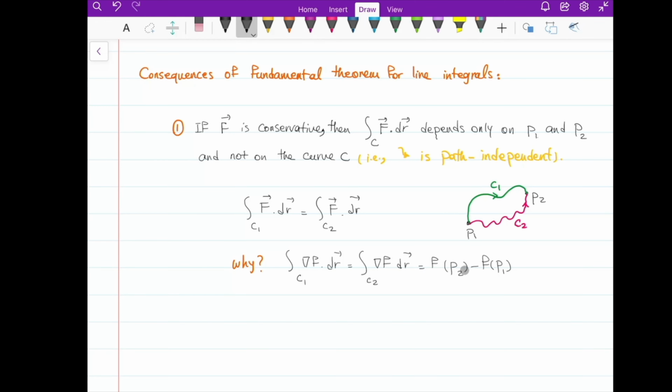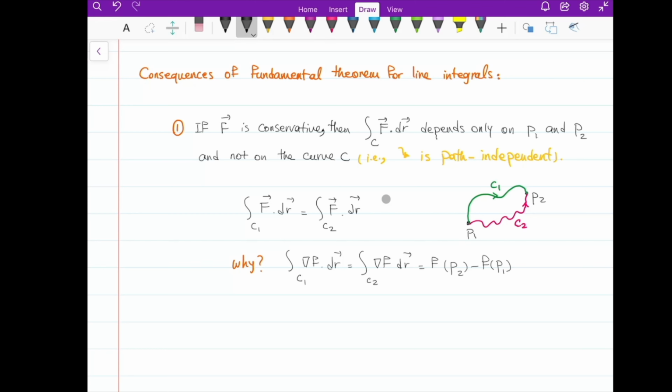So as you see, these two integrals are the same. It's just because the beginning and the end points are the same, and then we just need to plug in the end point and the beginning point into the potential function.